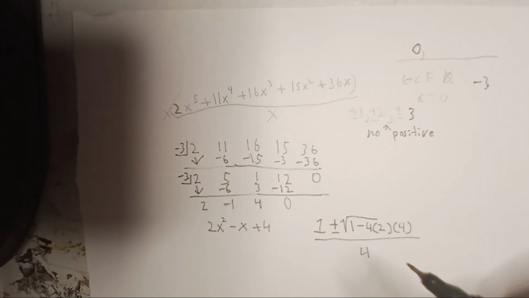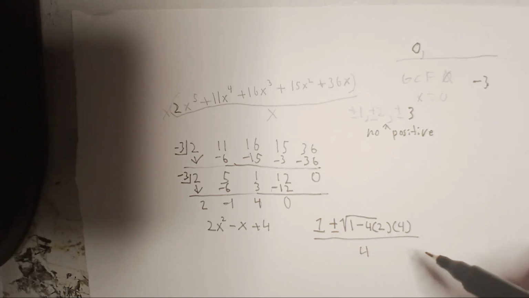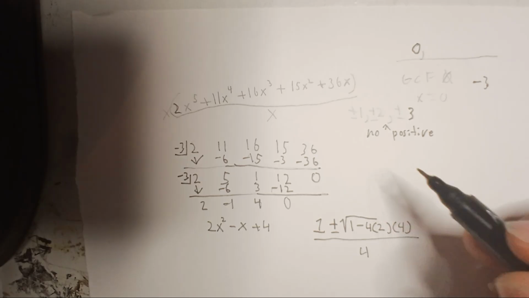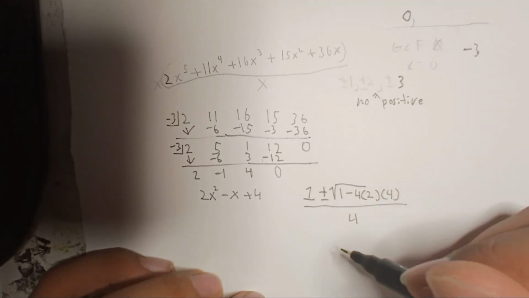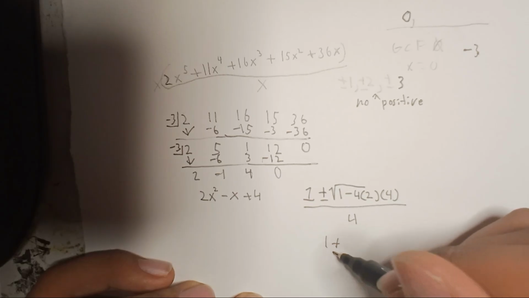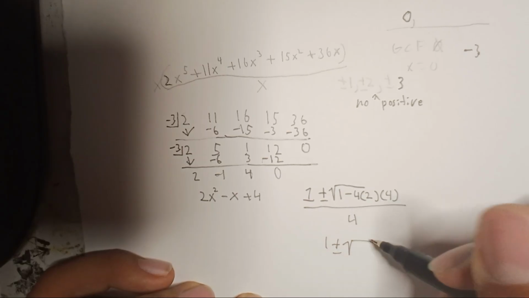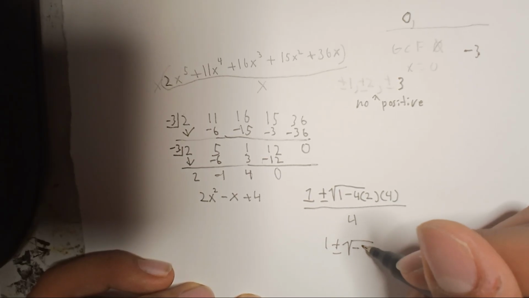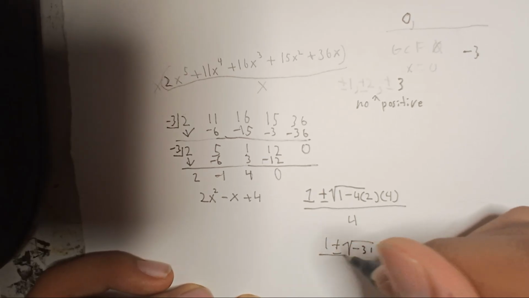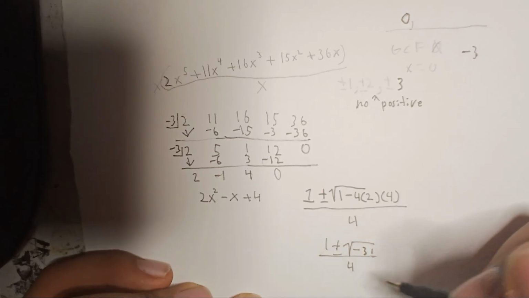And 1 minus 32 is negative 31. So you would just put that over here: 1 plus or minus the square root of negative 31, divided by 4.